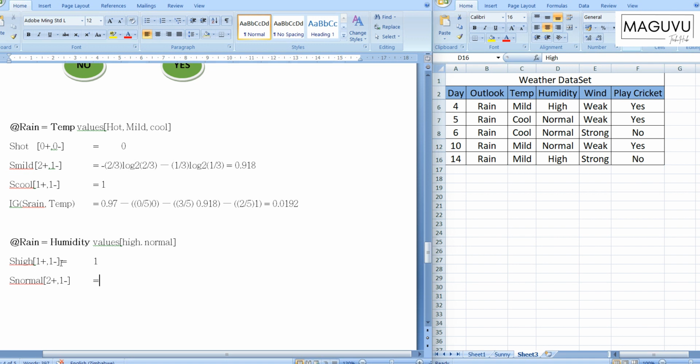This therefore gives us a value of 2 divided by 3 log 2 of 2 divided by 3, and we consider the negative, which is 1 divided by 3 log 2 of 1 divided by 3, to give us a value of 0.918.